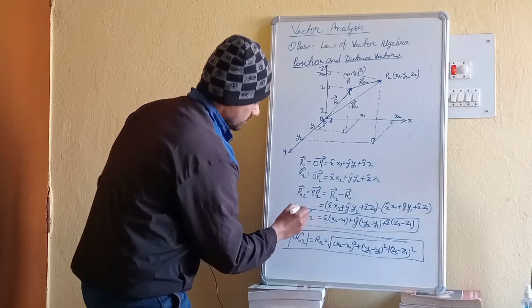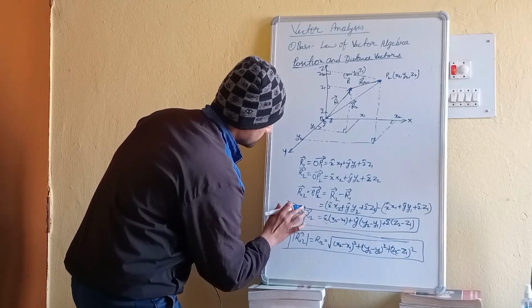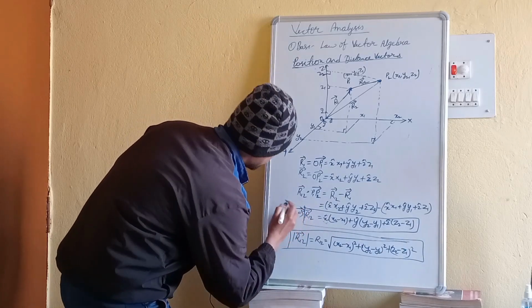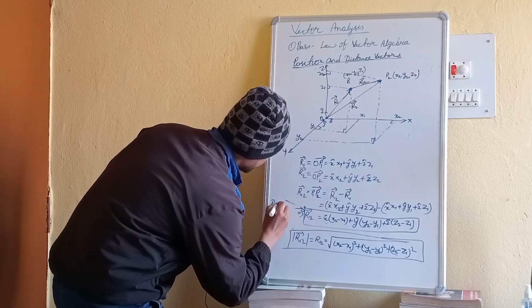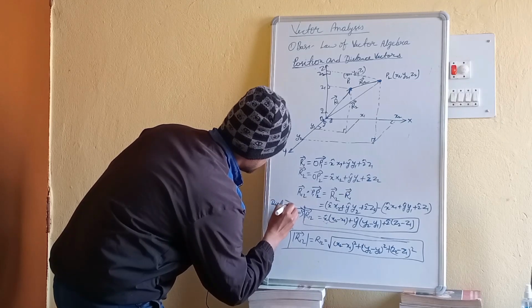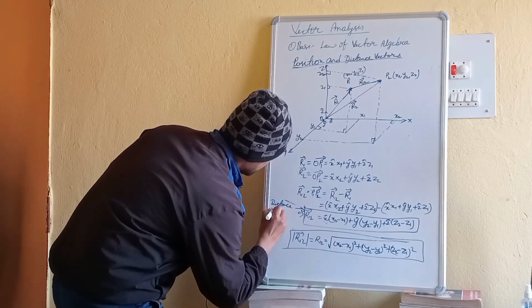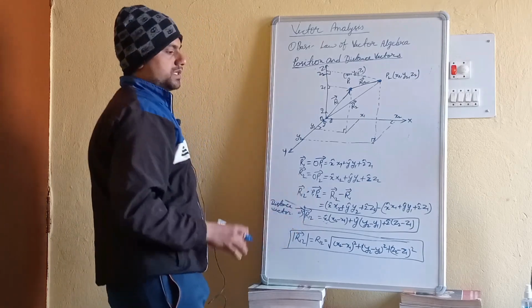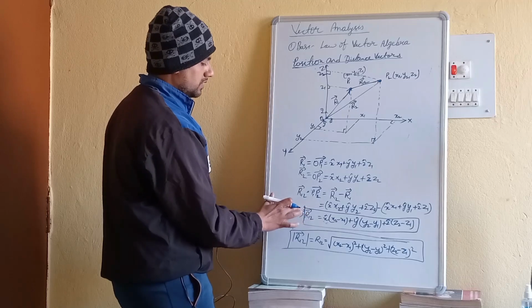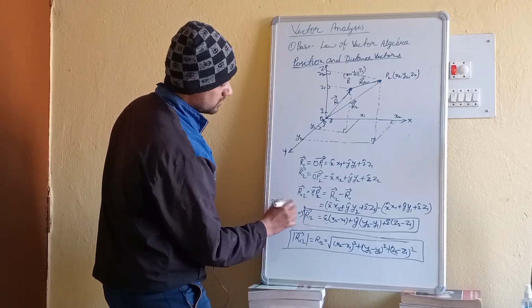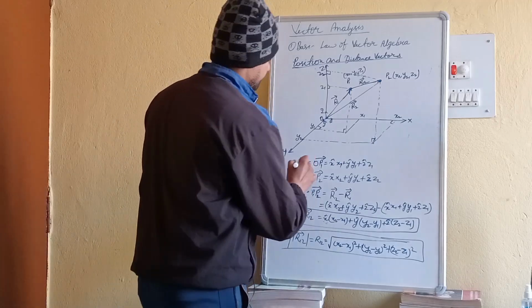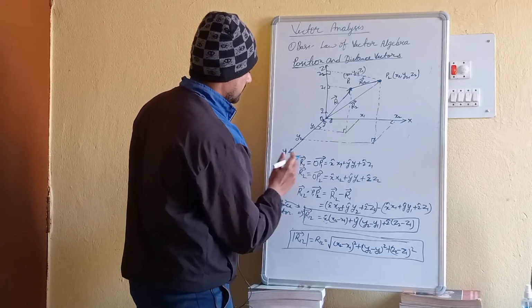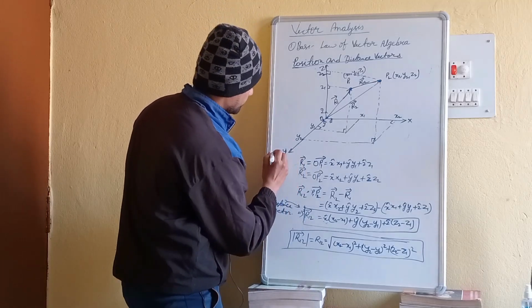So this is the distance vector, which represents the distance between points P1 and P2, and this one is the position vector of P1.